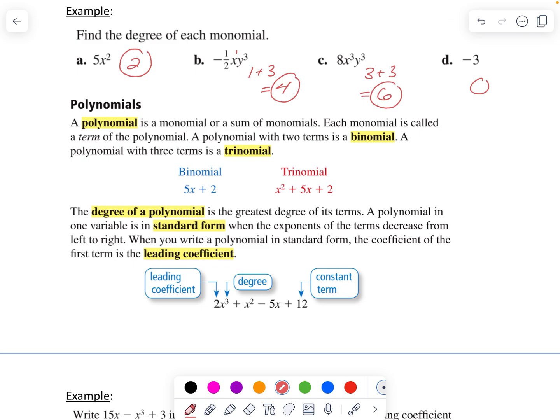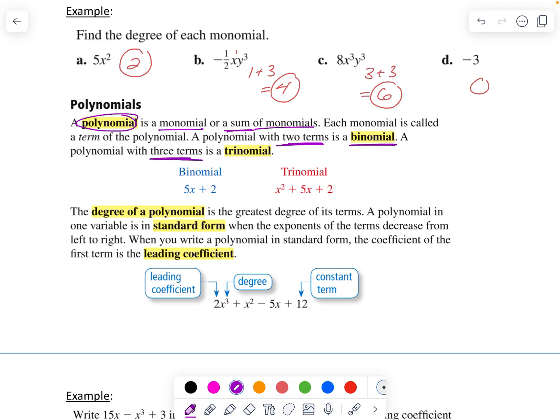So a polynomial is where we have one or more monomials connected by addition or subtraction. They just say sum, but we can always add the opposite. So a polynomial is a monomial or sum of monomials. Specific terms are, if it has 2 terms, it's called a binomial.